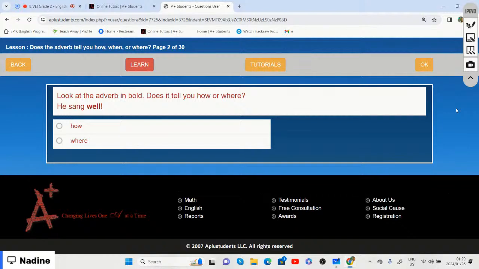So an adverb that tells us how or where. He sang well. We need to say if it's telling us how or if it's telling us where.